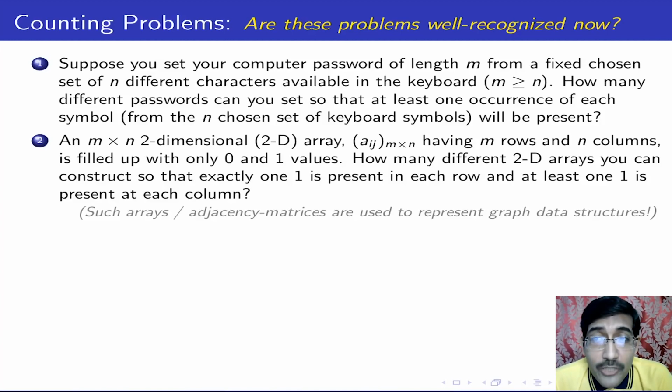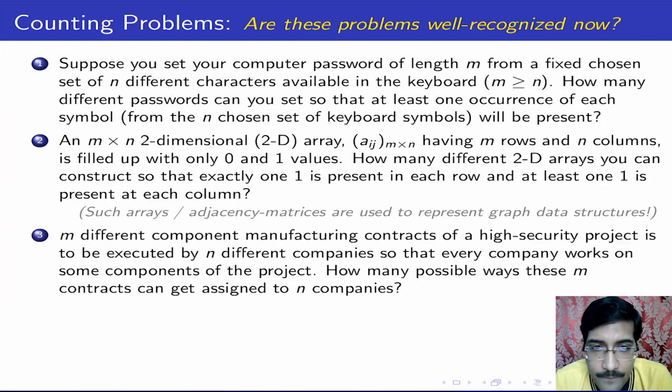Now how many 2D arrays can you construct so that every row has exactly one 1 present, and at least one 1 is present in each column? This is again an onto function, the same count, which you can easily formulate.